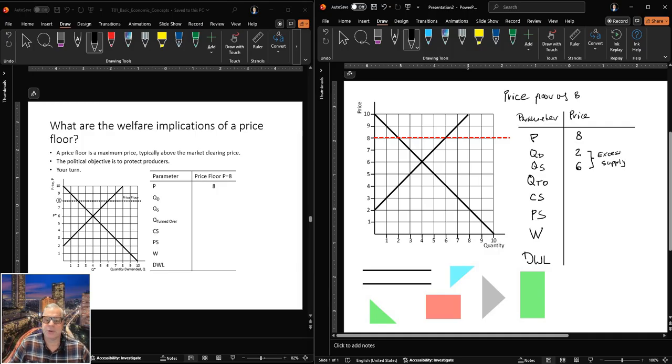Only 2 are being demanded, but 6 items can be found on the shelves, and they rot away there. So that means that the quantity turned over is again only 2.